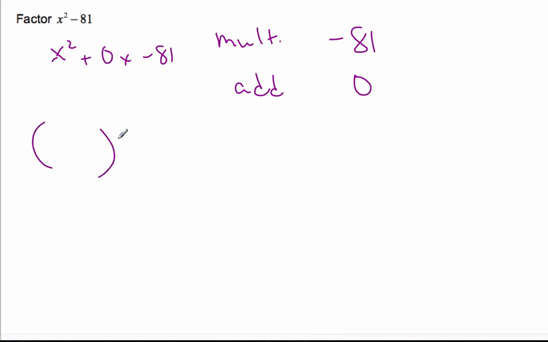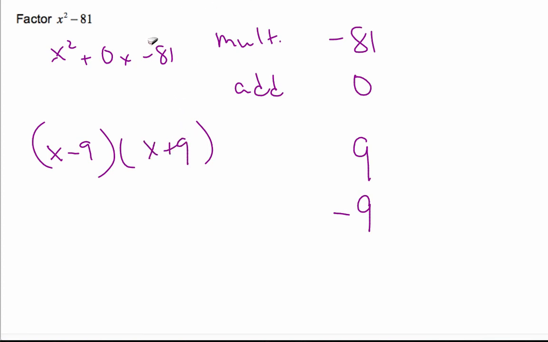So what numbers do you know multiply to get 81? 1 and 81. 9 and 9. 9 times 9 gives me 81, right? Could I add them somehow, positive and negative, to get 0? Like positive 9 minus 9. Exactly, so it's x minus 9 and x plus 9.